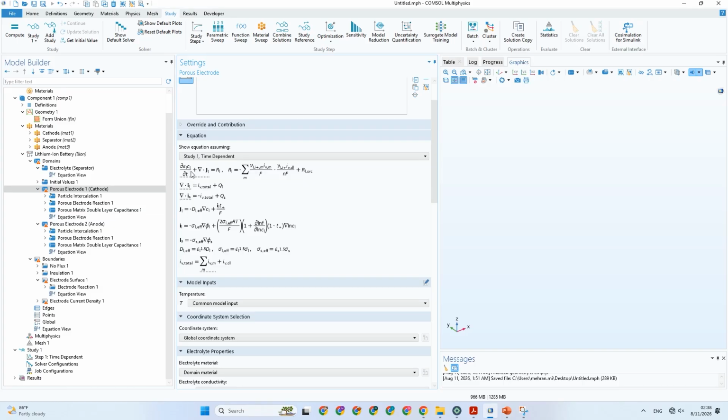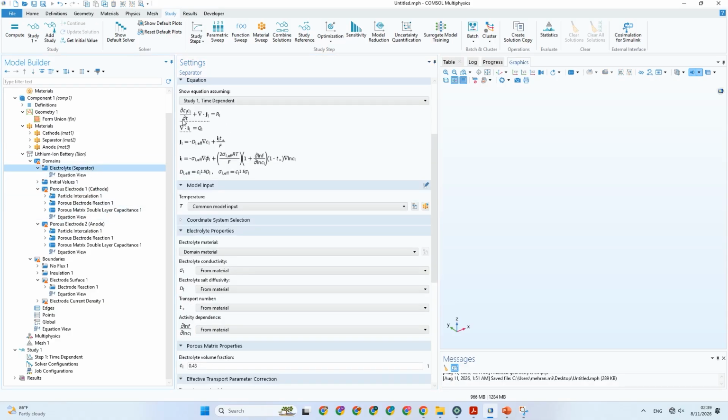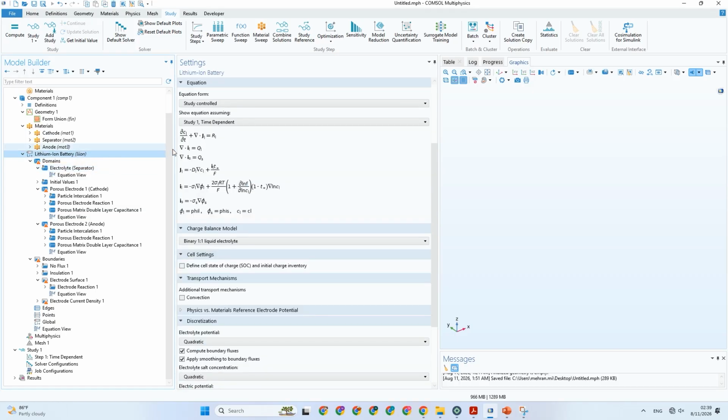This is for liquid, because all concentration and chemical reaction will occur in the electrolyte, and you can see cL.